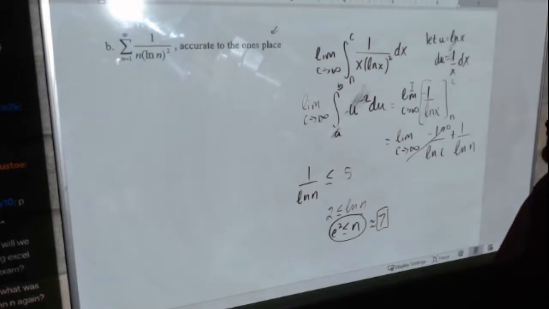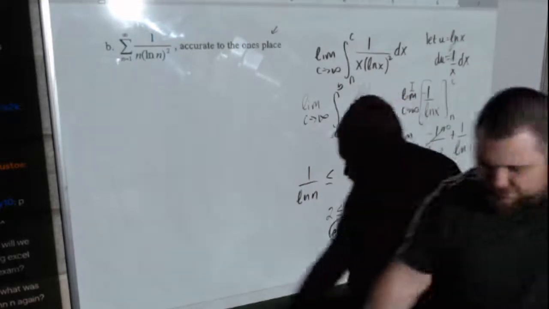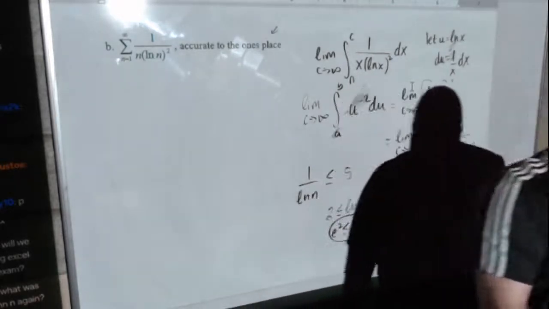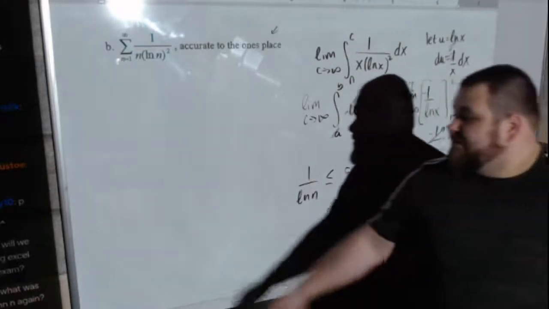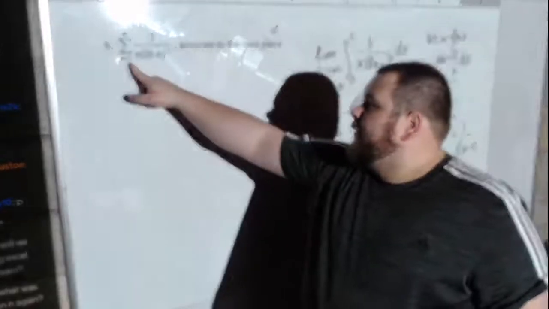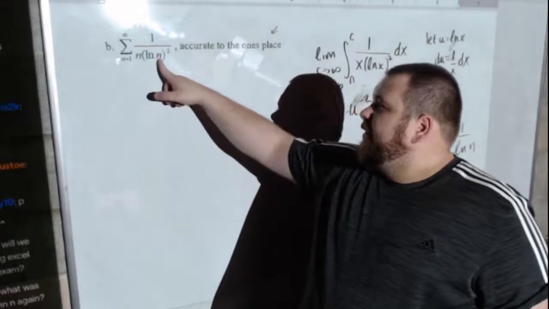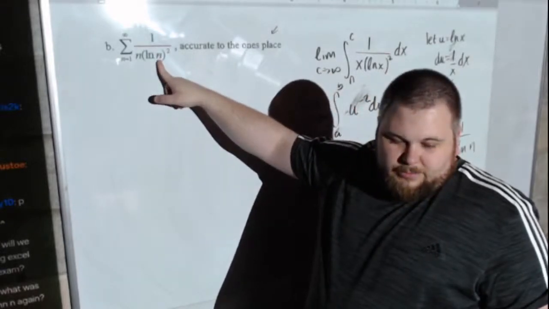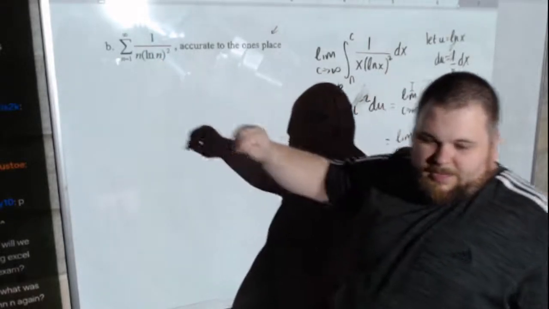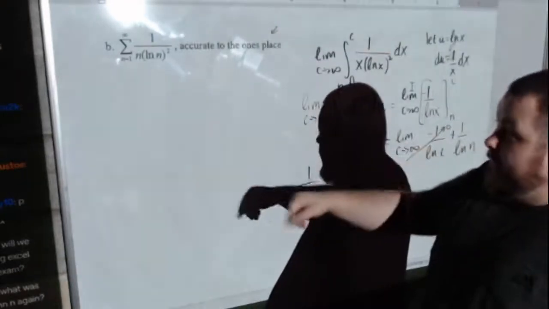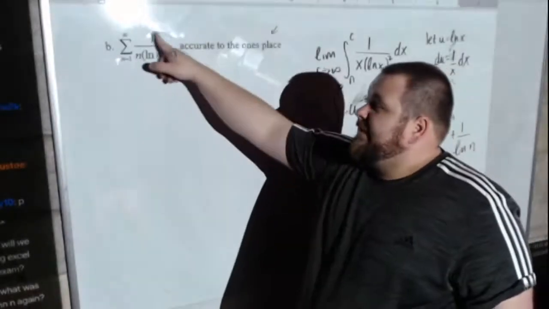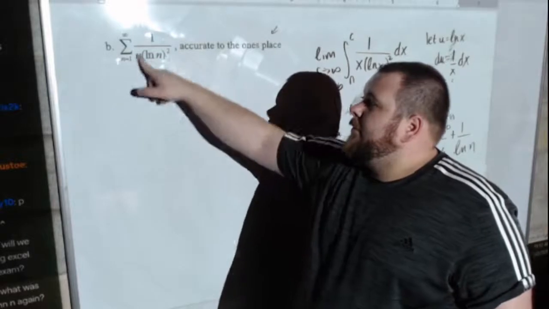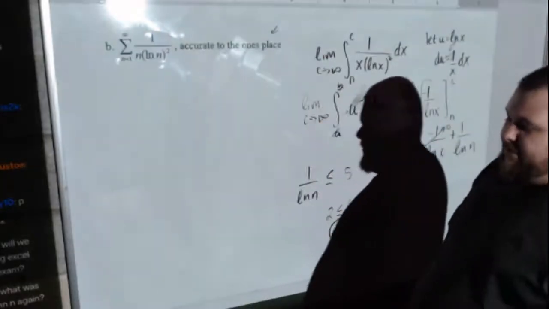Now there's a problem here. At the very beginning, we should have noticed that this sum starts at 1. Am I allowed to plug 1 into the natural log? I can, but I get 0, which means I get divided by 0 here. So guess what?